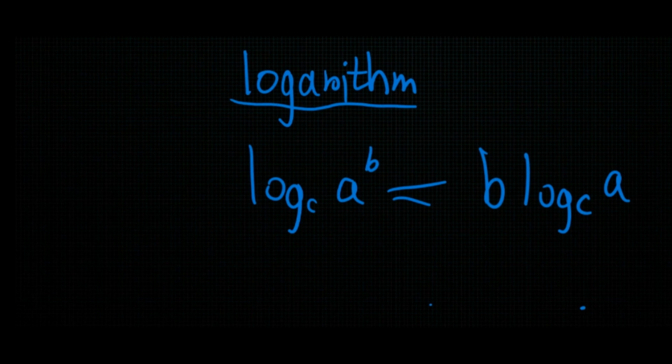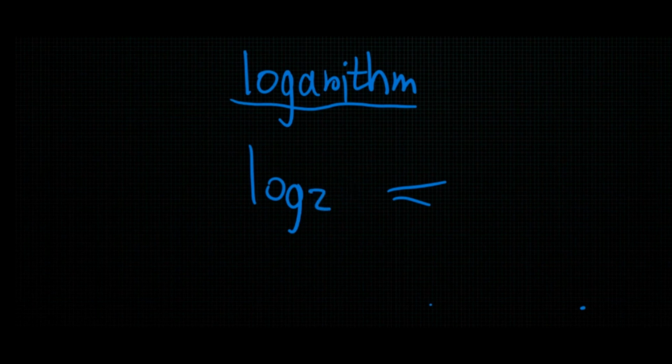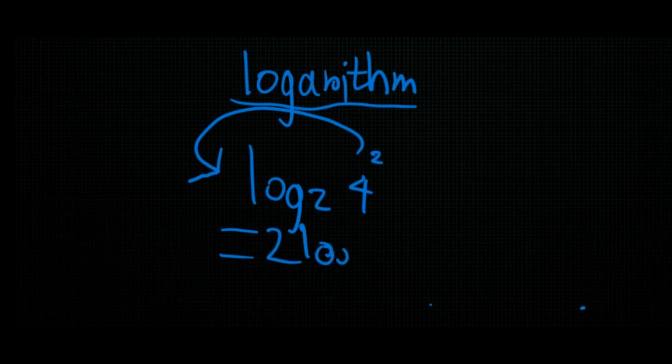Let's say we have log base 2 of 4 to the power of 2. The next thing you have to do is take the exponent over here, which will be equal to 2 log base 2 of 4. Now, we know that 2 times 2 equals 4, so log base 2 of 4 is just 2.